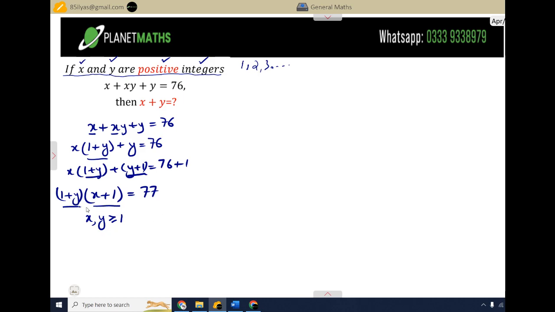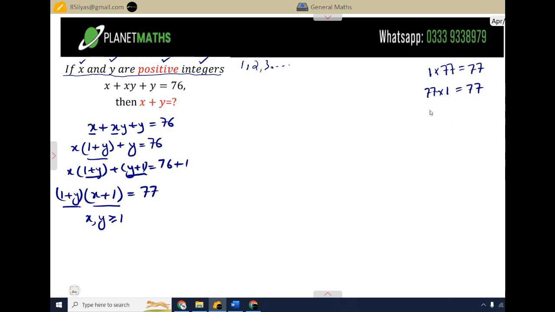Now it means by hit and trial, we can guess two values of x and y such that the product of these two numbers should be 77. So from where can we get a product of 77? 1 into 77 is equal to 77, or 77 into 1 is also 77.